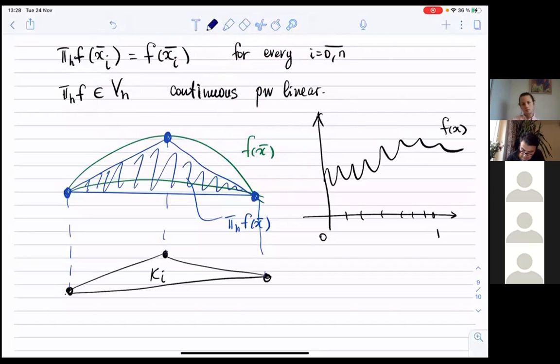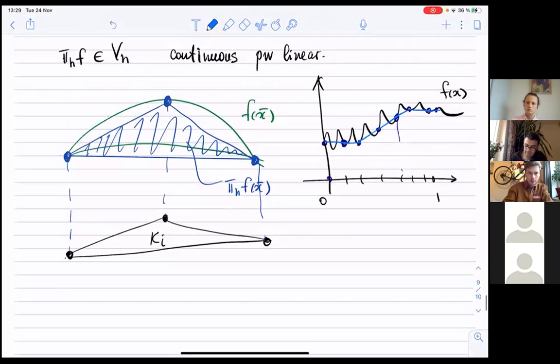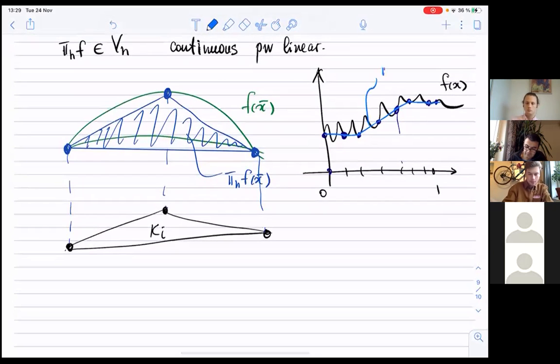Then the interpolant is a function which is exactly equal to this given function at these given nodal points. So something like this. If we draw the interpolant here, it's going to be like this function. So this pi h of f works analogously in 1D.